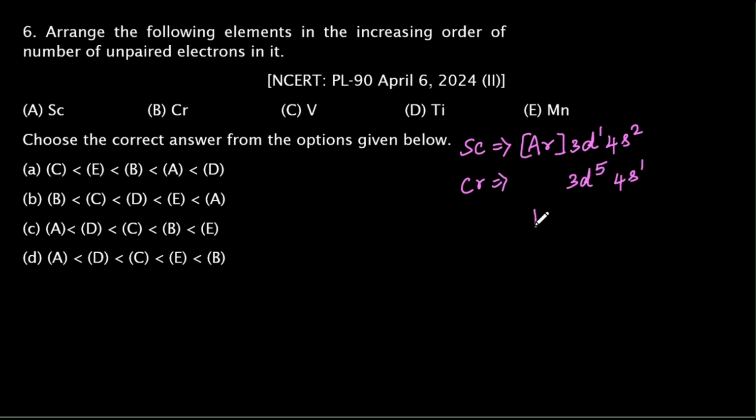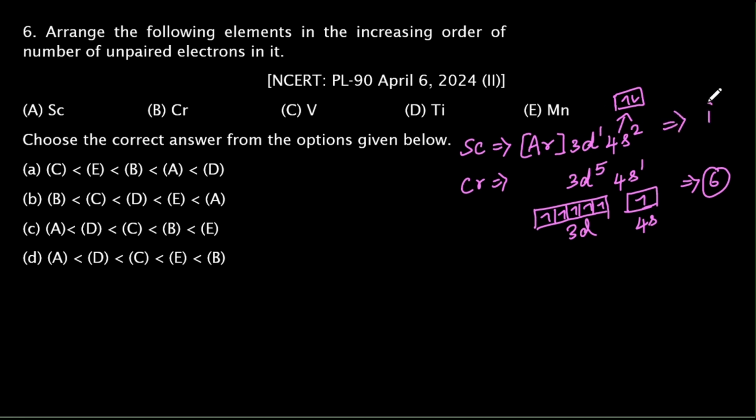From this configuration itself it is clear that in the d orbital 5 unpaired electrons are there, and in the 4s orbital also there is 1 unpaired electron. So both in 3d and 4s orbitals unpaired electrons are there. You have to count everything, and the number of unpaired electrons in chromium is 6. For scandium, how many unpaired electrons are there? In the 4s orbital 2 electrons are there, so both electrons are paired. Only in the 3d orbital you have 1 electron, so the number of unpaired electrons is 1.